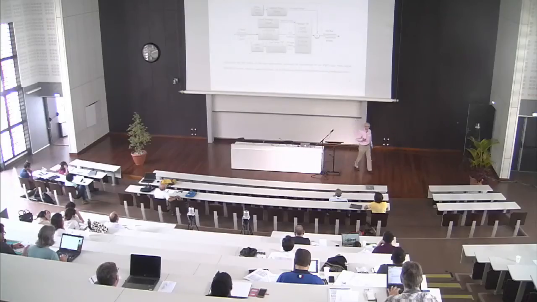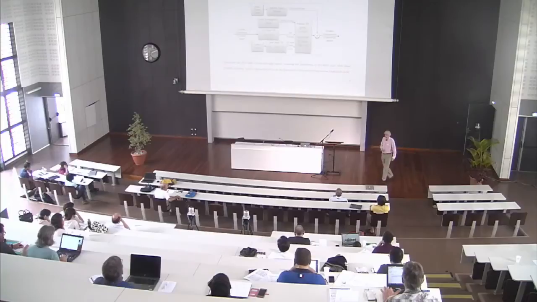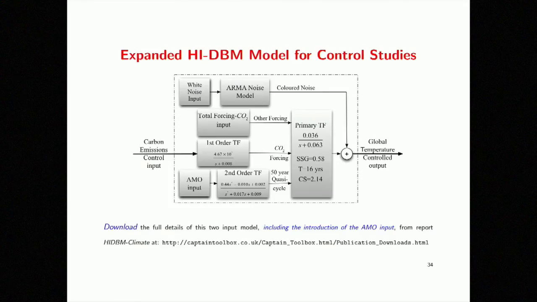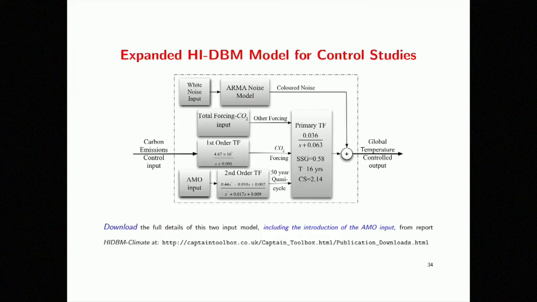Now, I can take that input and build a model with that input in. And here you see it. I'm not going to go into this, but here's the Samo input, and I find a second order transfer function there, so I can bring this in. Here are the carbon emissions. I get the emissions. I can model the CO2 from the emissions quite well.